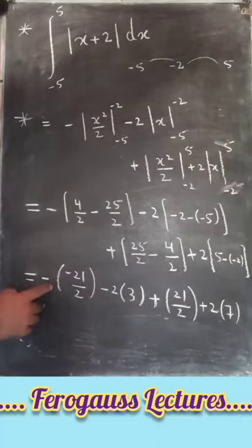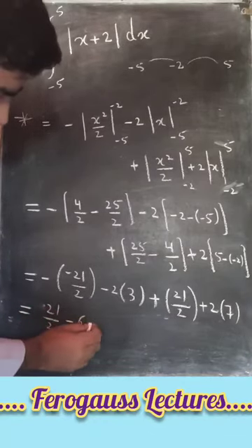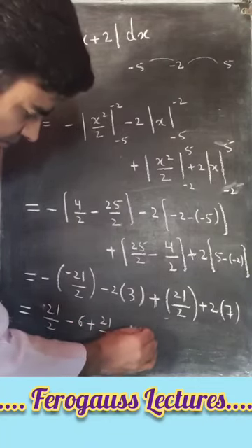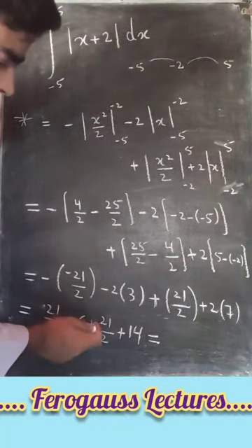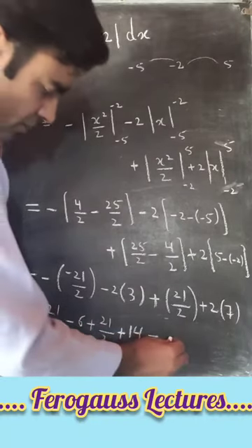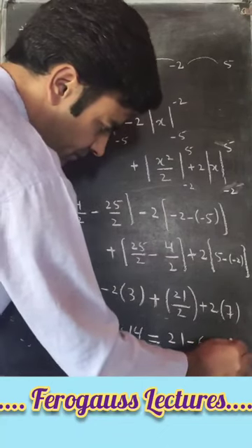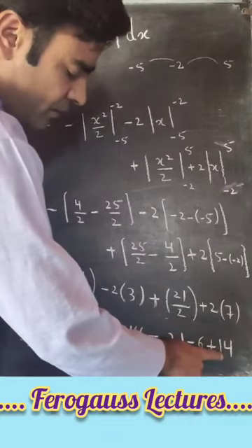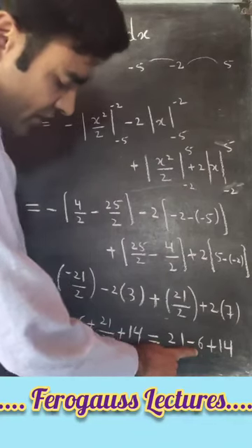That is further equal to, minus minus plus, it is plus 21 by 2, minus 6 plus 21 by 2 plus 14, that is further equal to 21 by 2 plus 21 by 2, so that's 2 times 21 by 2, that is equal to 21 minus 6 plus 14. Okay, now 21 plus 14 is equal to 35, 35 minus 6 is equal to 29.